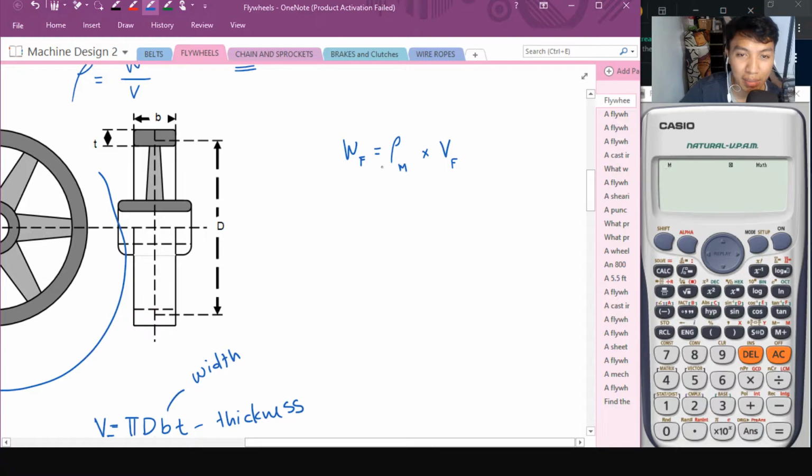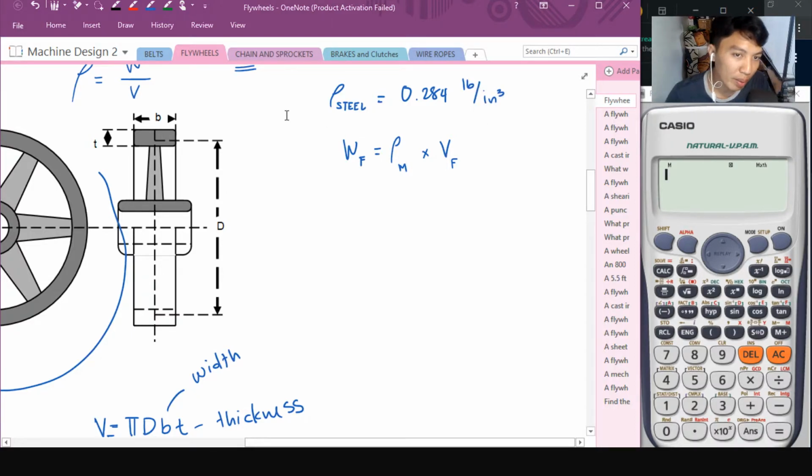Now, the density of the material, where is that stated? For steel, if steel is given, the density of steel is equal to 0.284 pound per inch cube.